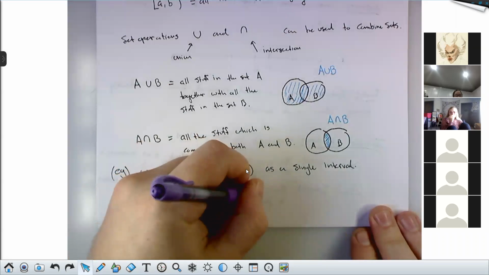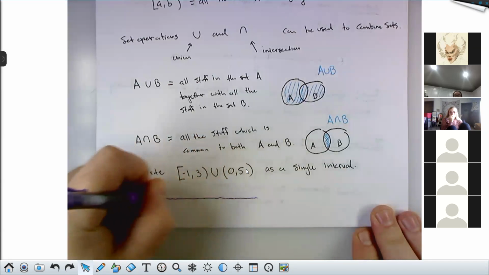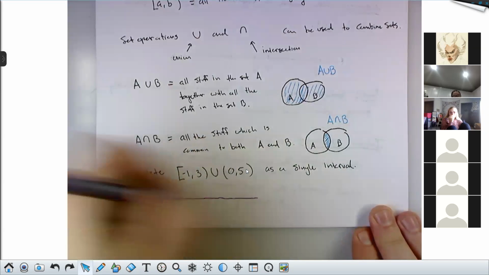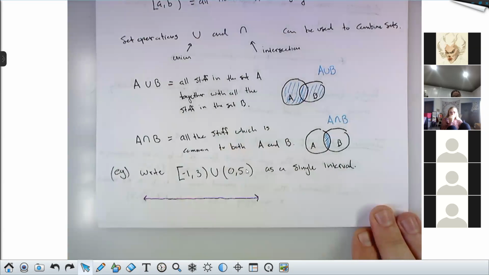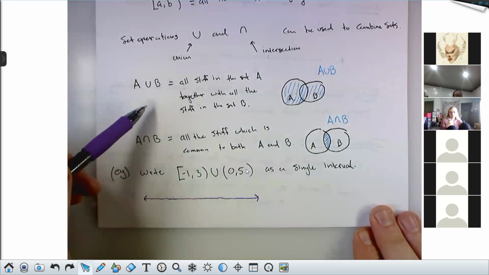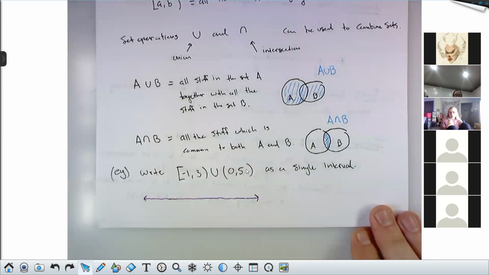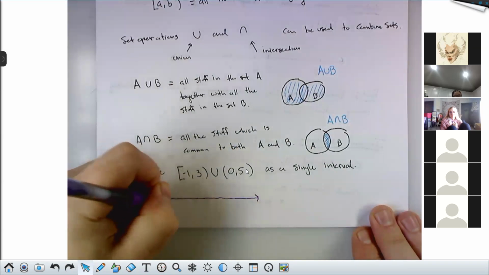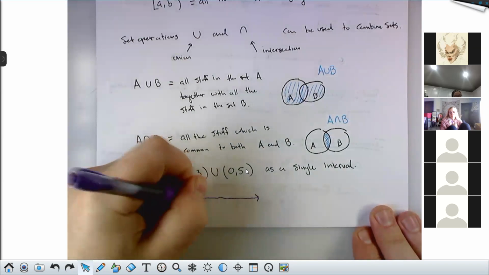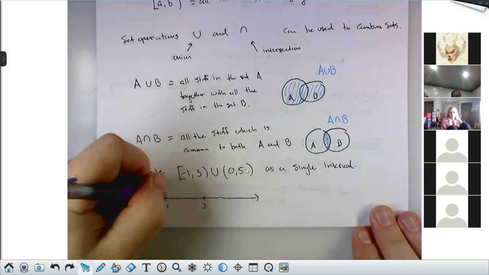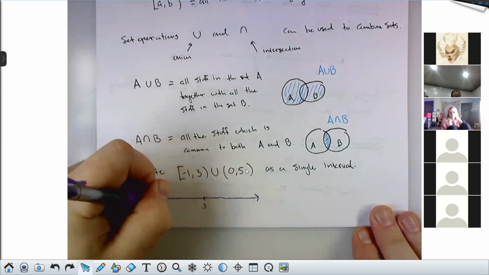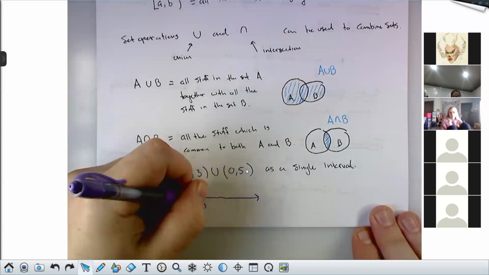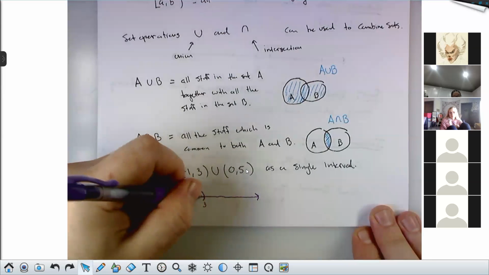So what I would do if this doesn't jump out at you right away is sketch this set on the number line by sketching both of those intervals and then following the rule up here that says we're going to take all the stuff in the first together with all the stuff in the second. So the interval from -1 to 3, I'm going to put -1 over here, and I'll put 3 over here. That left closed, right open interval is all of this stuff.